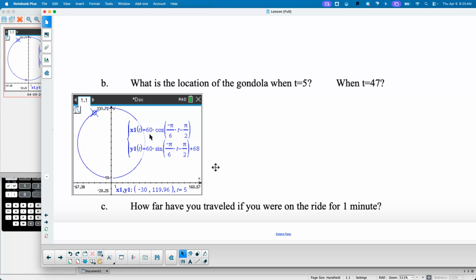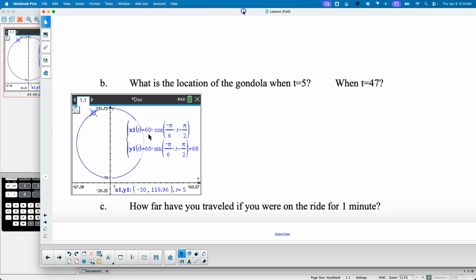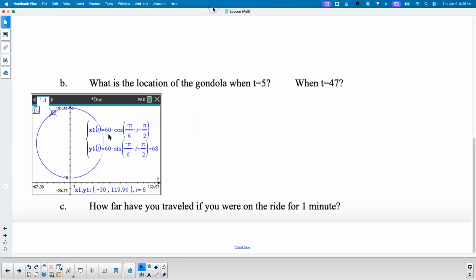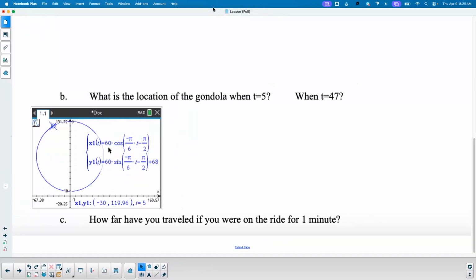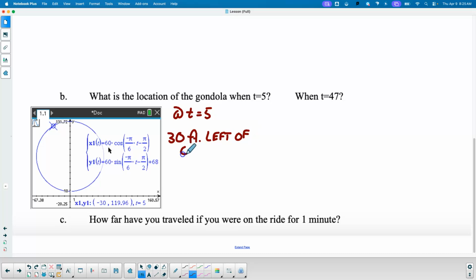How should I write this position? 30 feet left of center, and 119.96 feet above the ground.